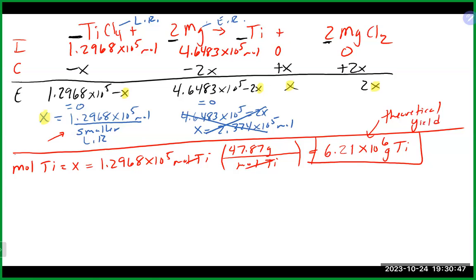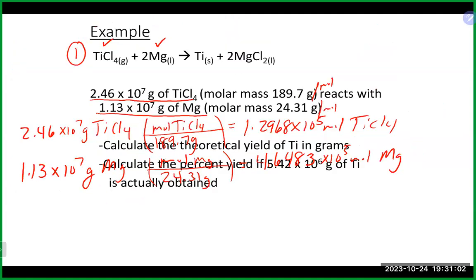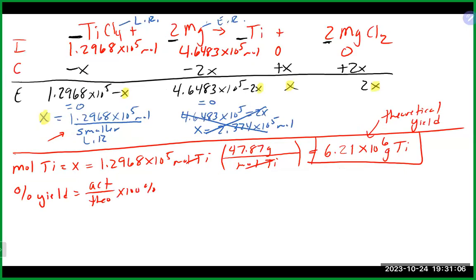The question was, what is the percent yield in this case? To calculate the percent yield, that would be our actual divided by our theoretical times 100%. In this problem, our actual was given to us, that I scribbled all over. It looks like 5.42.